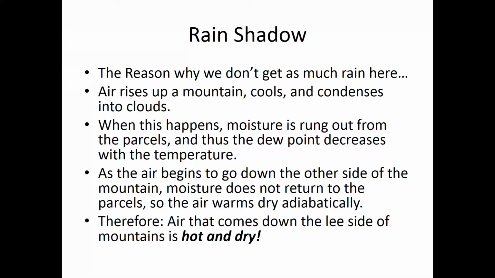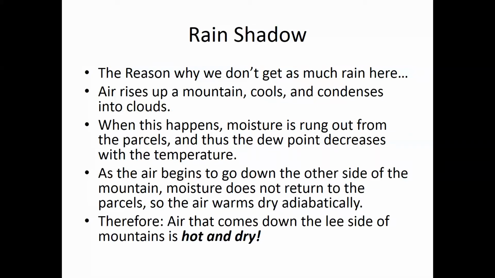On the other hand, once that air gets up and over the mountain and down here towards San Jose, it's dried out and it actually becomes very hot. This also occurs because as air rises up the mountain, it actually cools moist adiabatically because the parcels in the air are saturated. However, once it reaches the other end of the mountain, those parcels have lost most of their moisture.